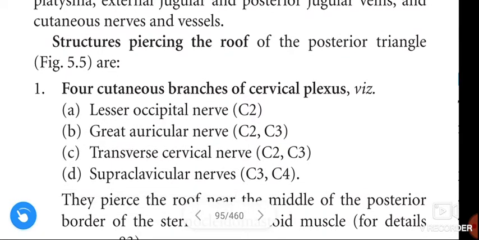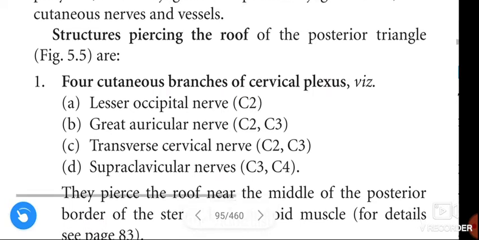Next, the structures piercing the roof of the posterior triangle are four cutaneous branches of cervical plexus.